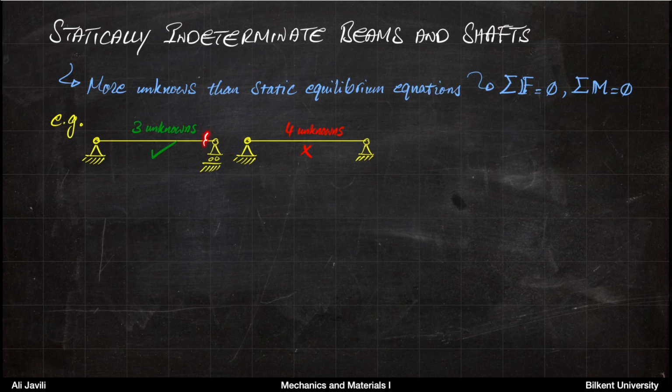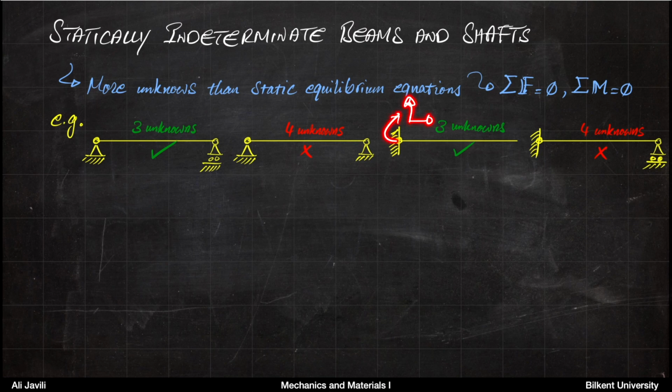So a roller support has 1 unknown, but the hinge here has 2 unknowns, and that 1 extra unknown makes the right system statically indeterminate. If you think of a cantilevered beam, it's a similar story. So the system on the left is statically determined because you have exactly 3 unknowns. On the right, you have those 3 unknowns plus 1 unknown due to the roller. So it's 4 unknowns, statically indeterminate.